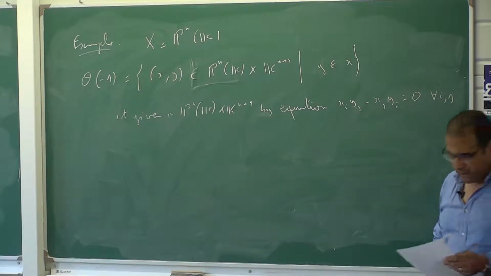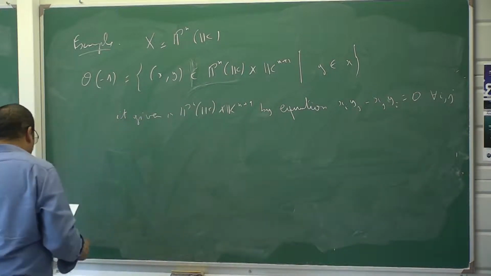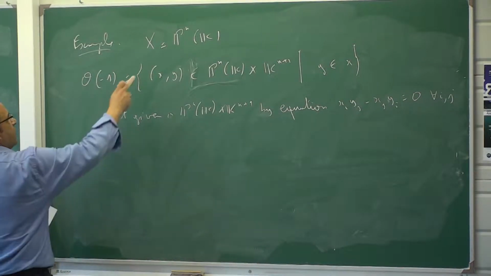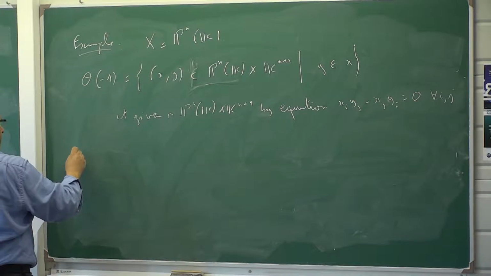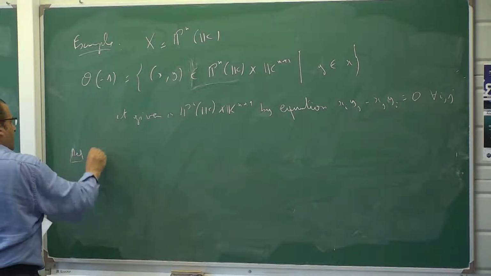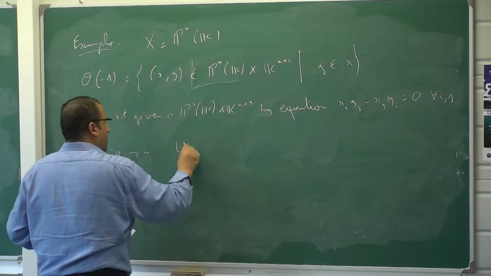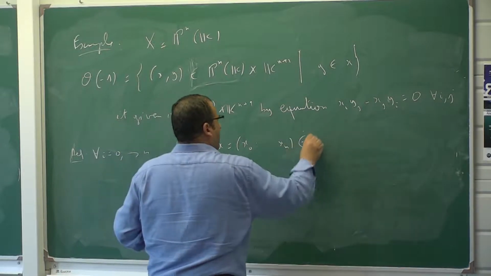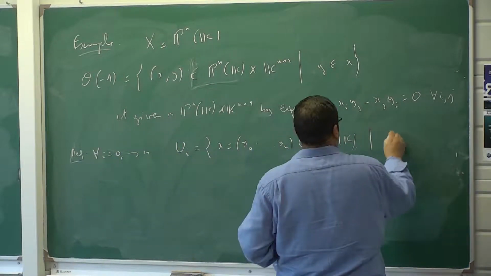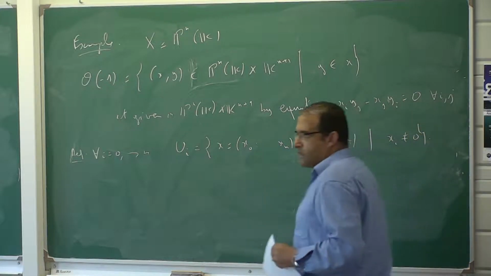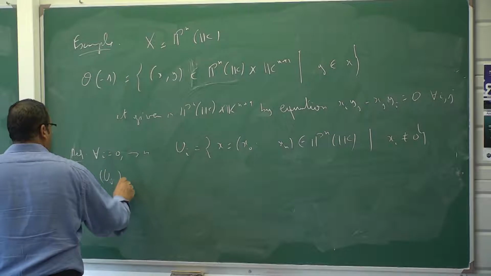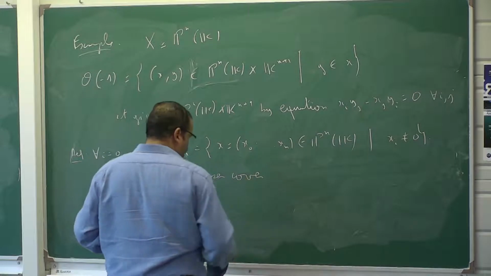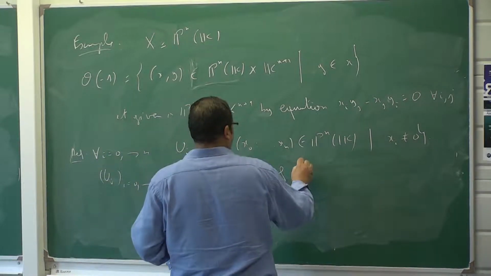So it is an algebraic variety, and we have an open cover of P^n(k). We define for all i from 0 to n, U_i as the set of x in P^n(k) such that x_i is different from 0. So the U_i for i from 0 to n form an open cover of X equal P^n(k).